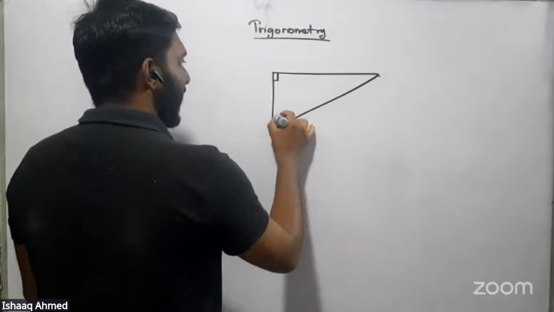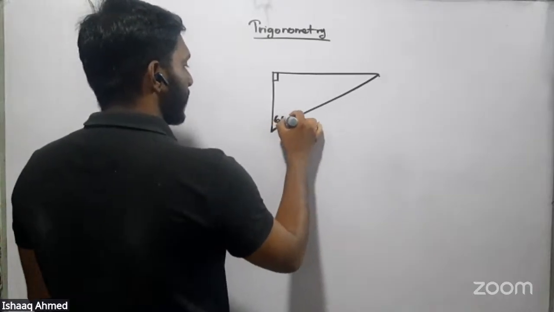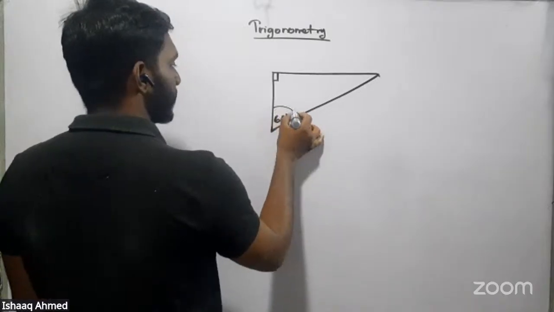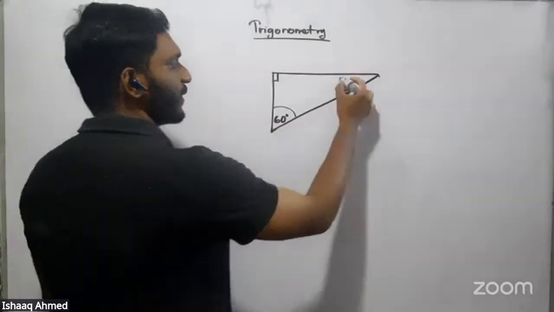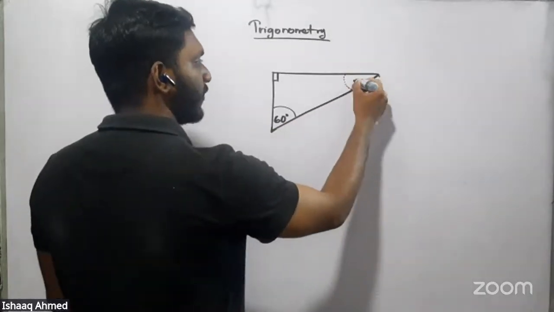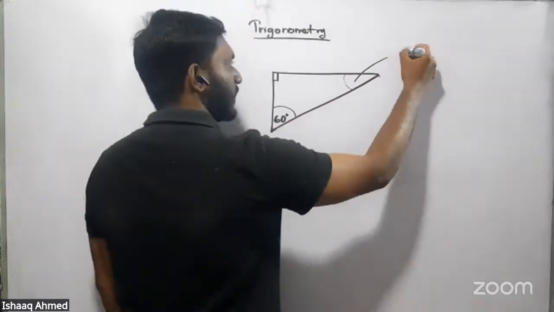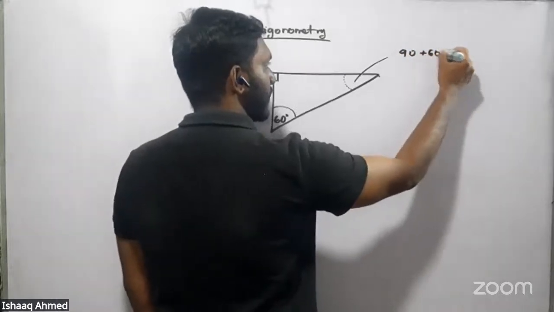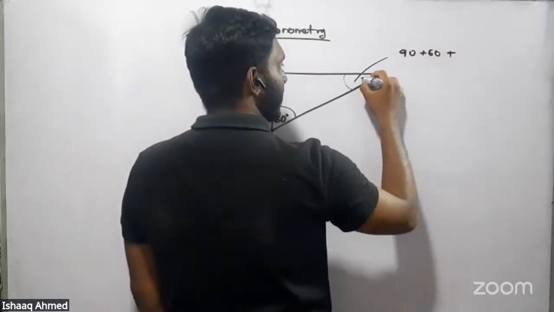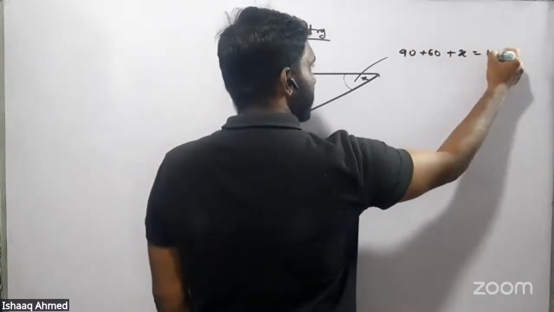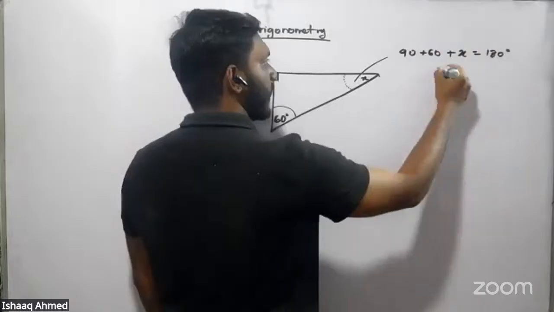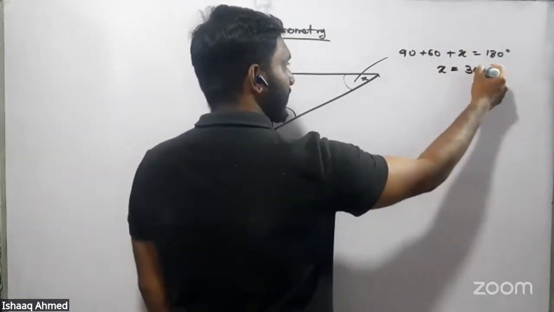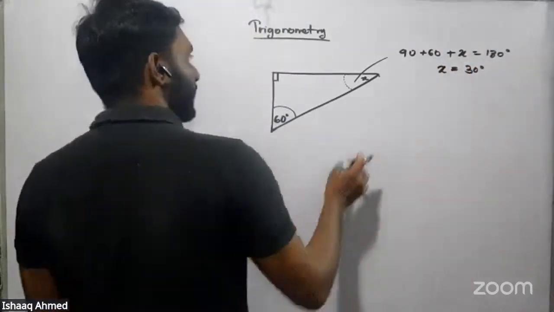I'll take this angle as 60 degrees. You can find the other angle using 90 plus 60 plus x equals 180, because internal angles of a triangle equal 180. So x equals 30. But we don't need it now.